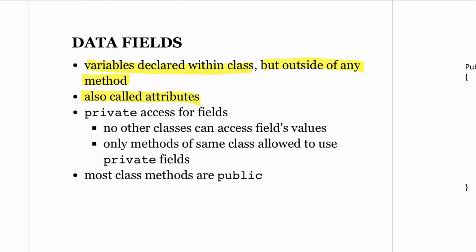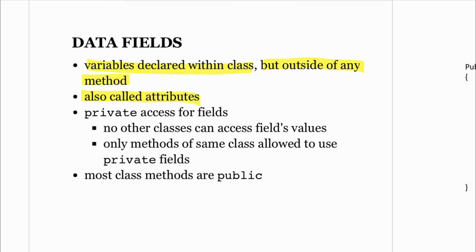So like we talked about variables and constants, those are all things that are declared within methods and they hold a certain value. In the same way, an attribute holds a certain value, but attributes are declared outside of methods and they're declared inside of classes. So, keep that in mind. Attributes are critically different from variables or constants.